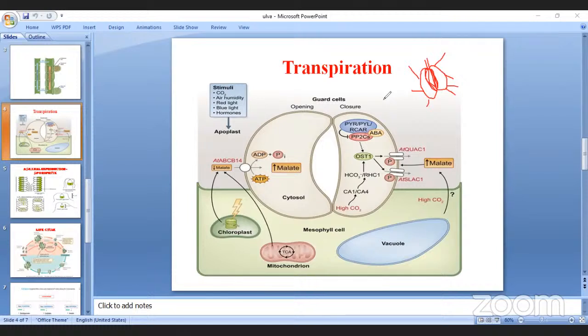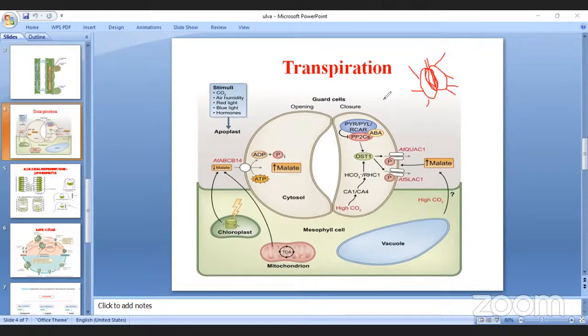Most of the plants, because transpiration happens during daytime. That's why the stomata open during daytime, and transpiration does not occur at nighttime. So the stomata close at nighttime, right? Let's see the mechanism of stomatal movement, closing and opening, right?